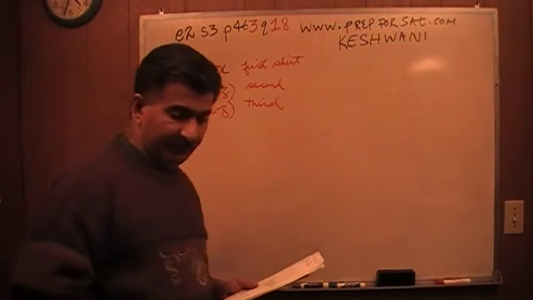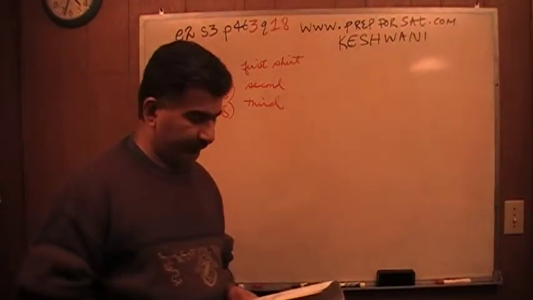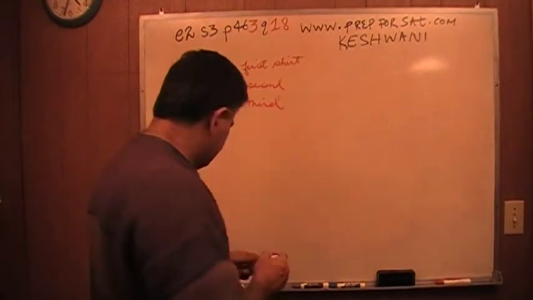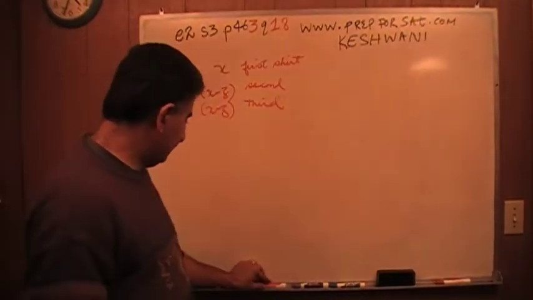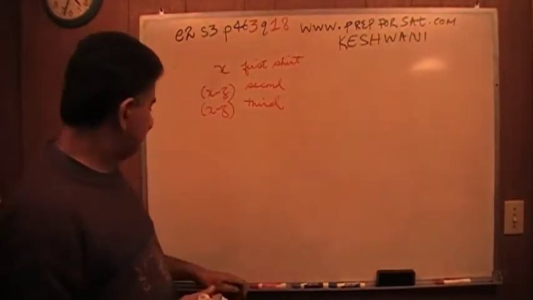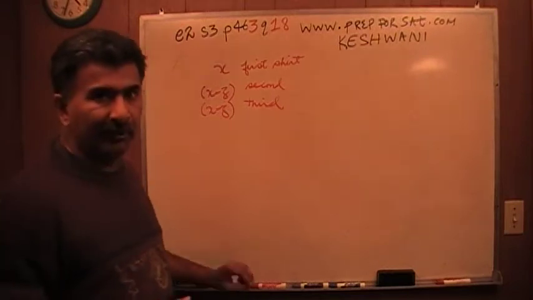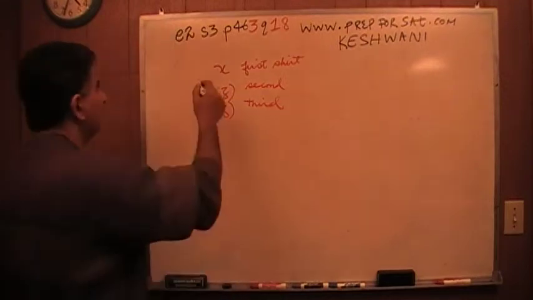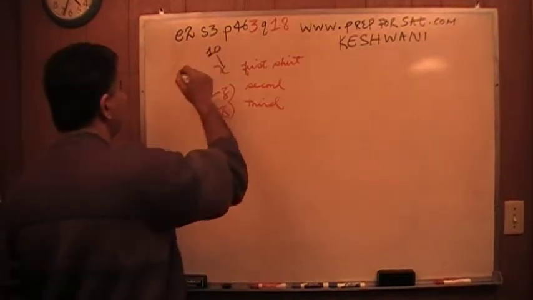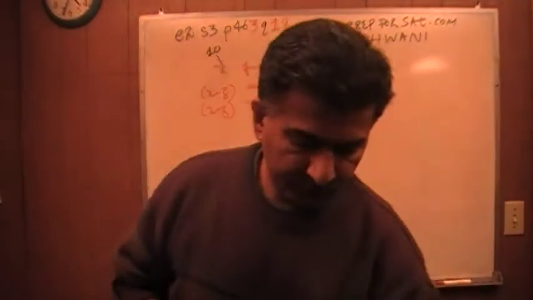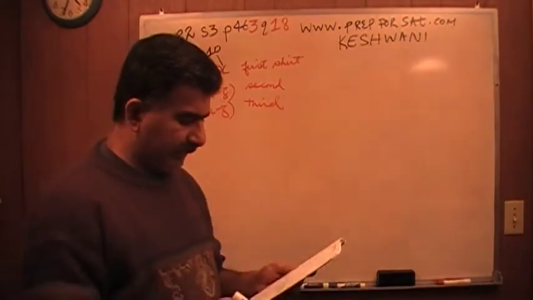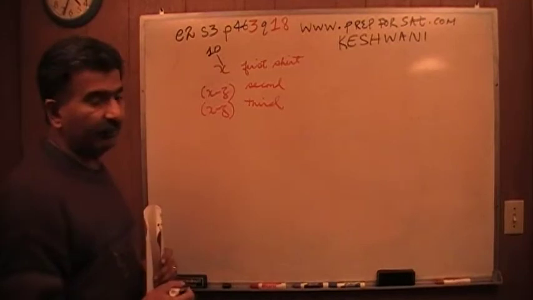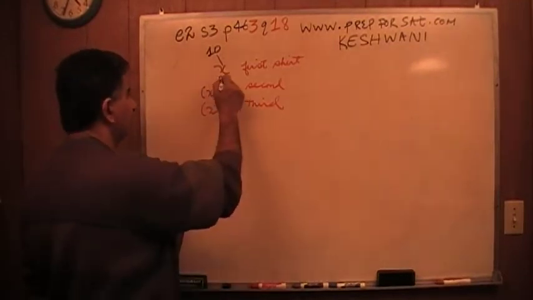Again, there are 2 ways I can solve this problem, the algebraic way and the plugging in way. So let me do the plugging in way first. For those of you who are not so comfortable with the algebra, let's make up a number here. I'm going to pretend that the first shirt costs $10. I'm also going to pretend that each time you buy a shirt, second shirt, third shirt, you get $2 off.